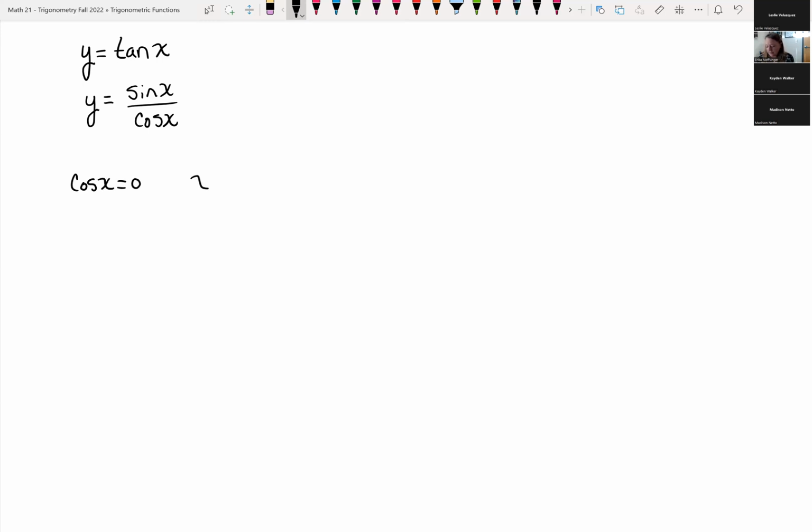that's when x is equal to pi halves, 3 pi halves, 5 pi halves, etc. And it's plus or minus these values.